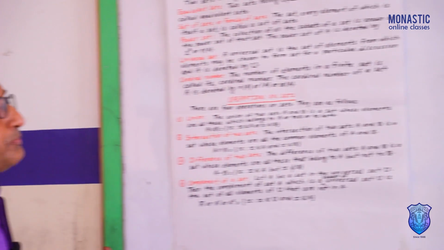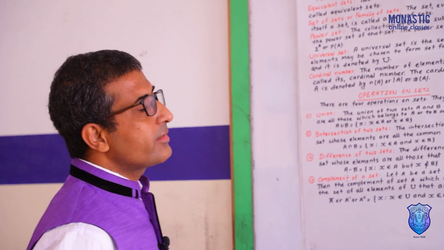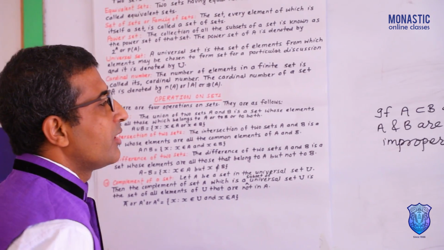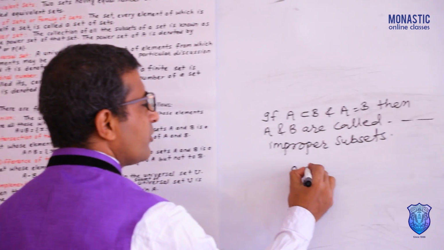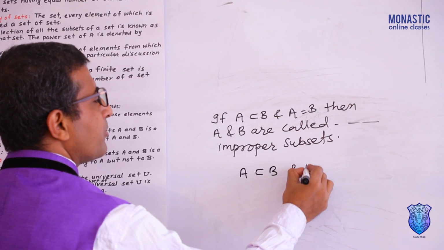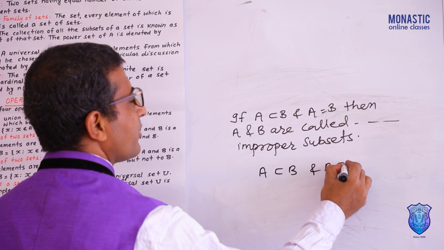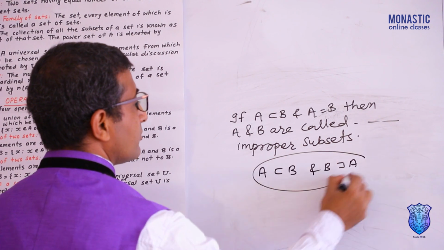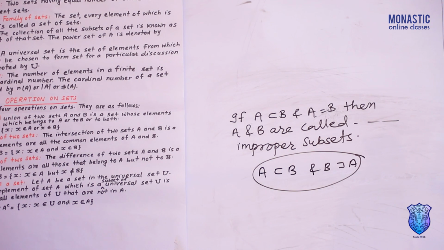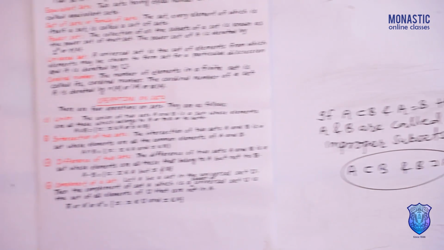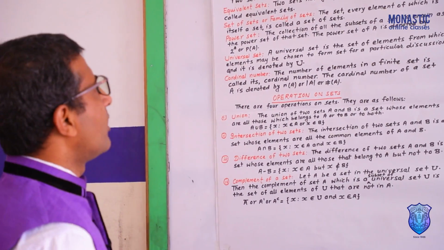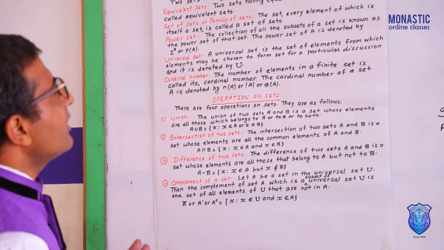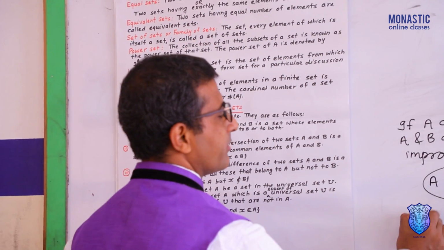Equal sets. Two sets are said to be equal if A is a subset of B and B is a subset of A, or in other words, two sets having exactly the same elements.